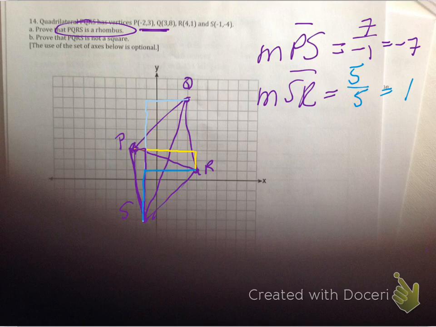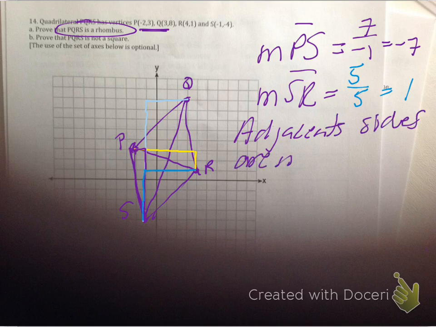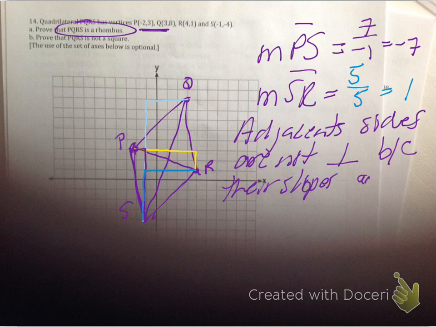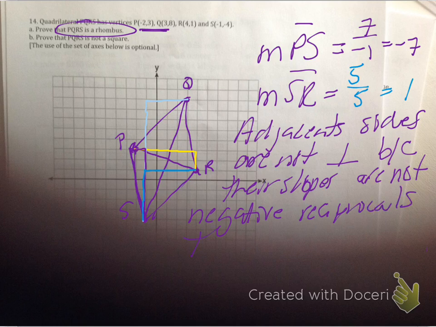So you would say adjacent sides are not perpendicular because their slopes are not negative reciprocals. Therefore, PQRS is not a square. And I think we are finally done.